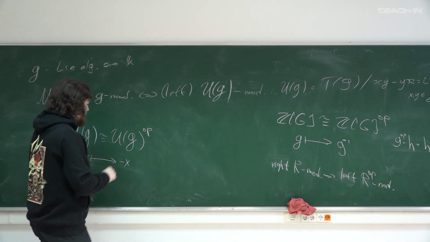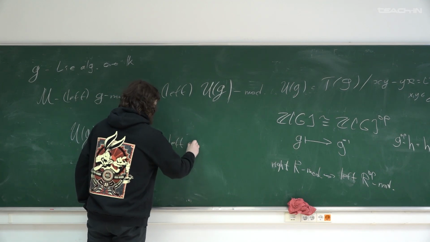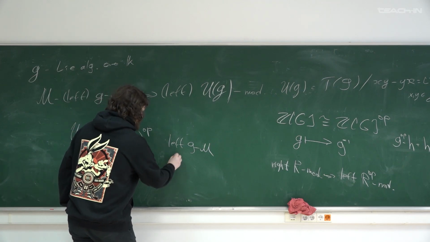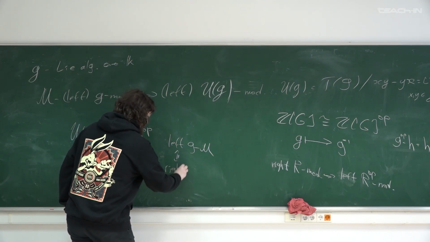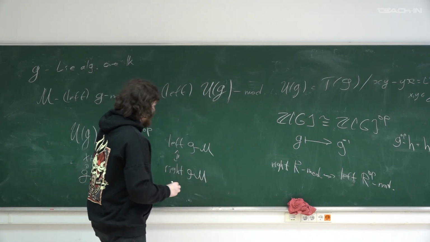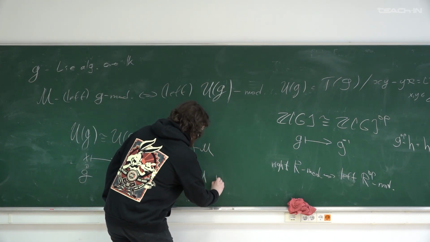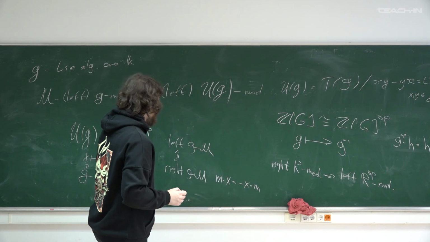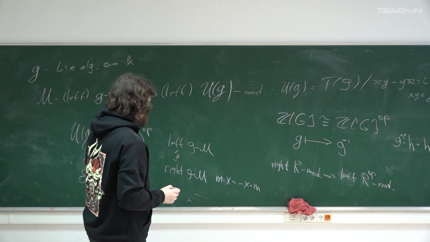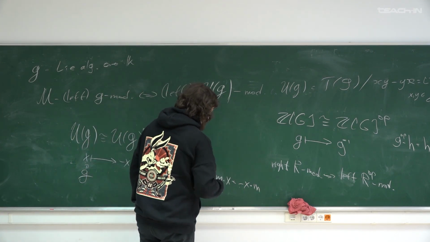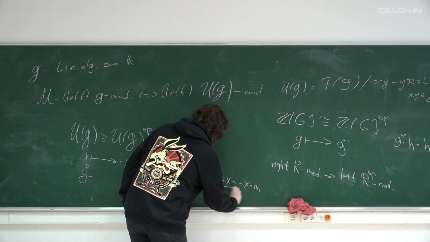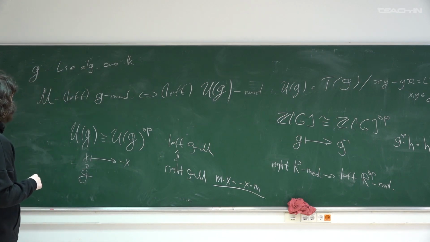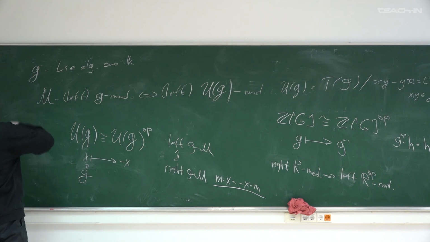One can check that a left G-module gives a right G-module structure, where multiplication from the right is multiplication by the additively opposite element from the left, minus x multiplied from the left. So again, there is no essential difference between left and right modules over a Lie algebra.